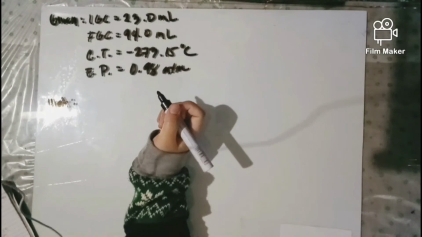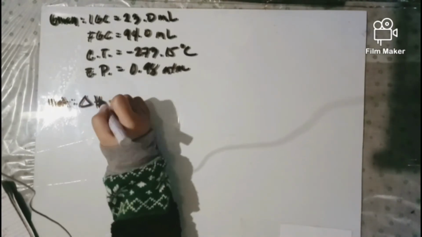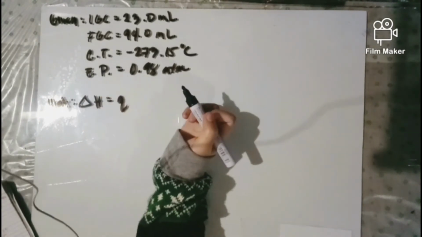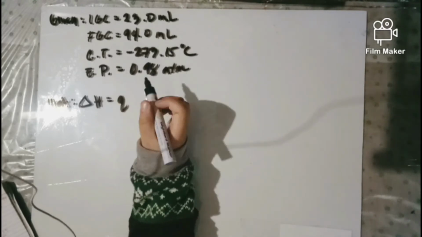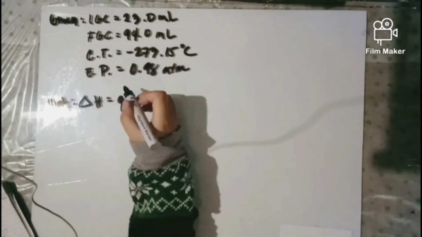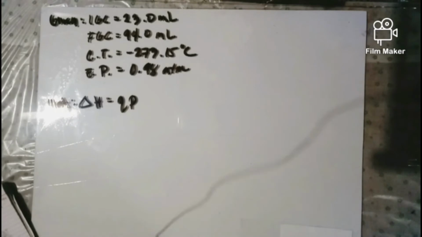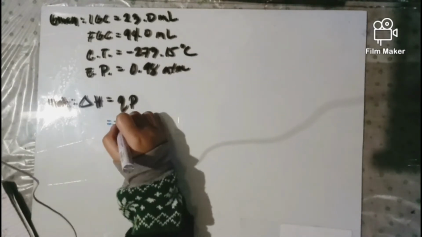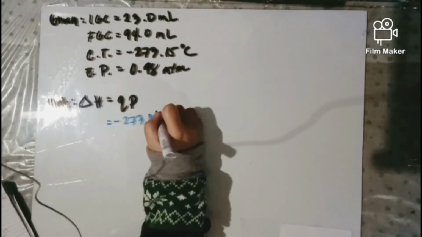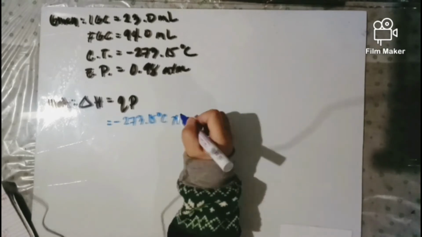First, let's solve the heat. By taking heat, we need to use the formula delta H equals Q, which represents the temperature multiplied by pressure. Temperature is negative 273.15 degrees Celsius multiplied by 0.98 atmosphere.